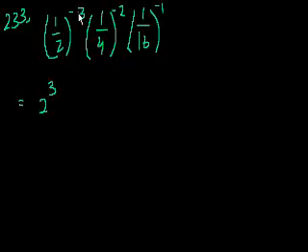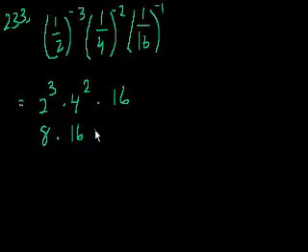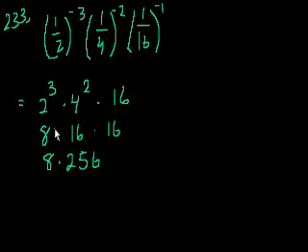When you take something to a negative exponent, that's the same thing as the inverse of that thing to the positive exponent. So this is 2 to the third power times 4 squared times 16. And so 2 to the third is 8 times 16 times 16, right? That's 8 times 256.